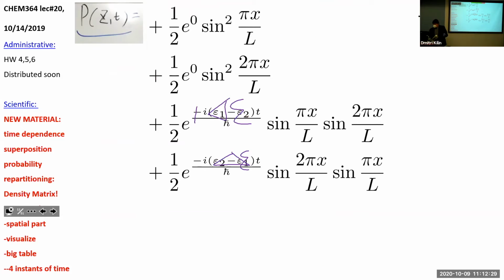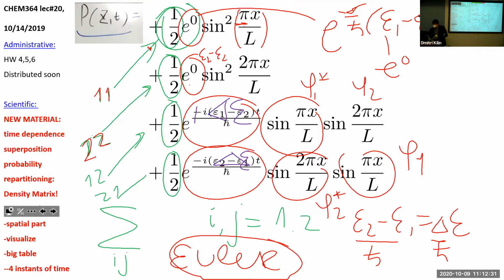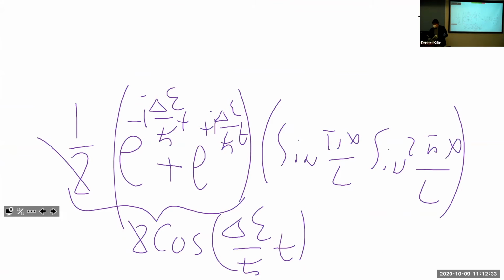So we are taking this out of the bracket, and due to our old buddy Euler, we are contracting one half exponential accumulating phase forwards and backwards as a cosine. According to Euler, it is 2 cosines, but from initial conditions we have 1/2 and it cancels.